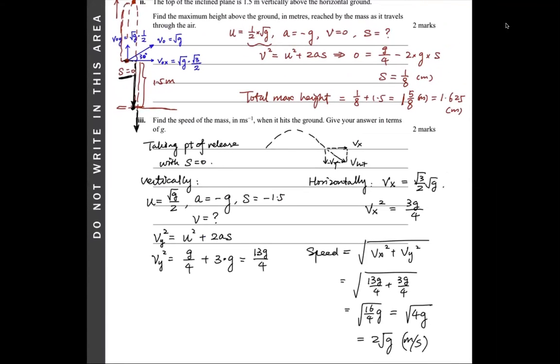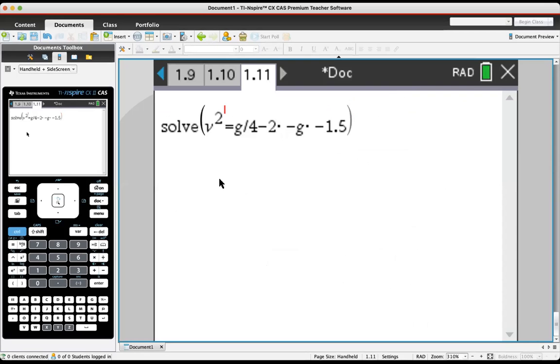Of course, we can use the vector calculus method. I'll quickly show you what could happen. Firstly, we need to define the position vector.